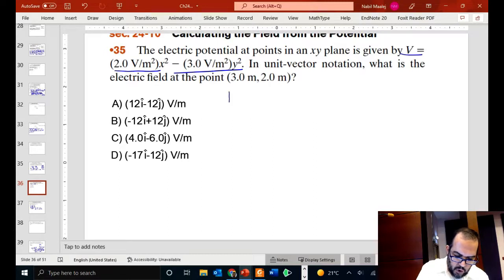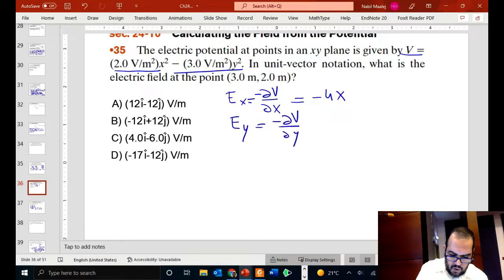So we know Ex is minus the partial derivative with respect to x. Okay, so let's take the derivative of V. So we have minus 4x. Okay, that's it. Ey is minus the partial derivative of V with respect to y. So this is going to be minus times minus, a plus 6, so 6y.